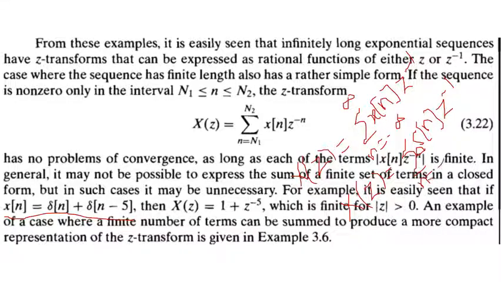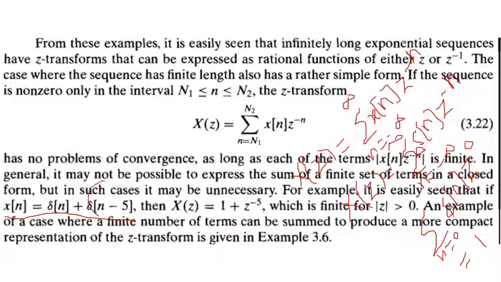We know that this delta function is defined at 0 only, so I just need to expand it for n equal to 0. So delta of 0 and z raised to power 0. Z raised to power 0 is 1, delta of 0 is 1, so its Z transform will be 1.